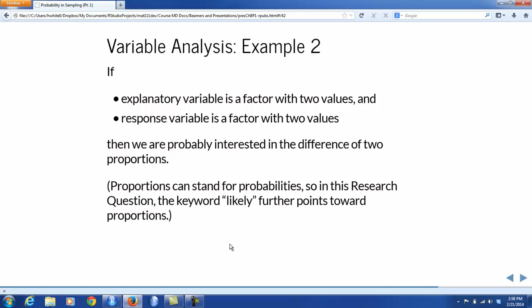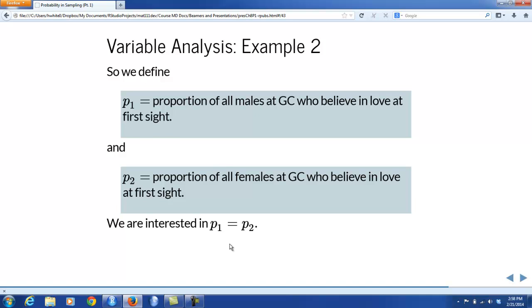We seem to be interested in the difference of some probabilities. So we might define P1 to be the proportion of all males at Georgetown College who believe in love at first sight, and P2 to be the proportion of all females at Georgetown College who believe in love at first sight. P1 and P2 can be thought of as the chances for a male or a female to believe in love at first sight.